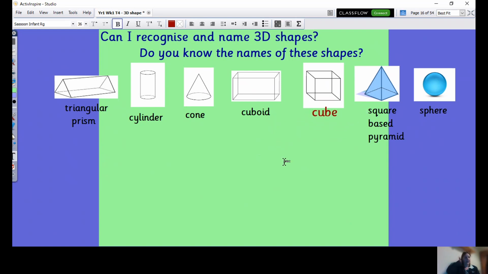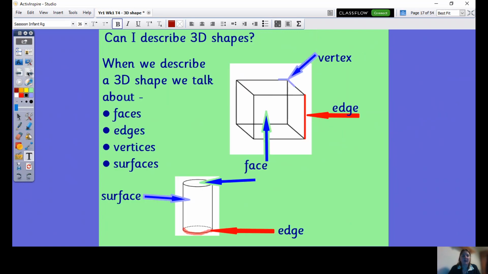Brilliant. So just very quickly again: triangular prism, cylinder, cone, cuboid, cube, square base pyramid, sphere. Brilliant.